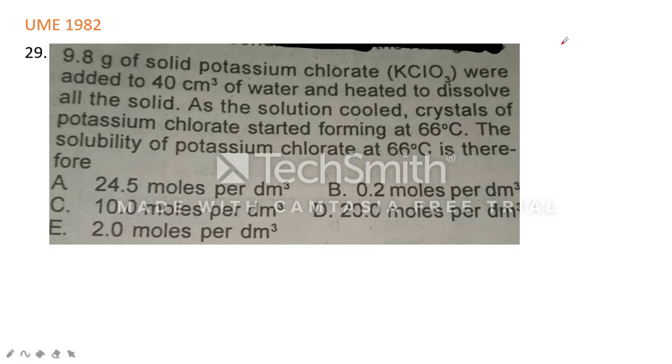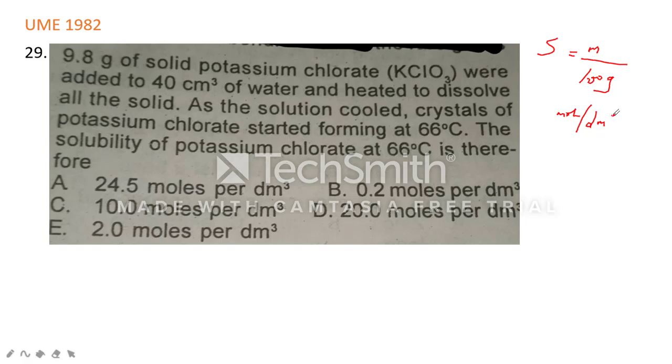Now, solubility is going to be the mass of solute that saturates 100 grams of the solvent. In this case, since the options are given in moles per dm cube, so that's going to be moles per dm cube.